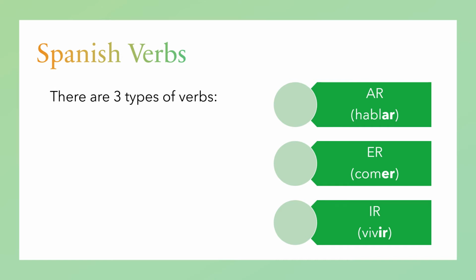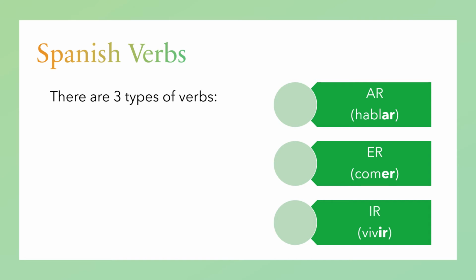So our first example here, hablar, it ends in an AR, and that tells me that that is an AR verb. There are many of these different types of verbs, so it's not that there are just these three verbs, but there are three types of verbs. And then there's also reflexives, but we're not going to get into that right now. We're just going to talk about these very simple AR, ER, IR verbs.